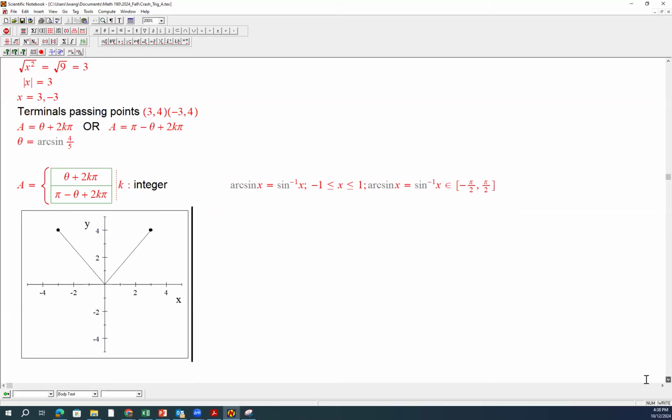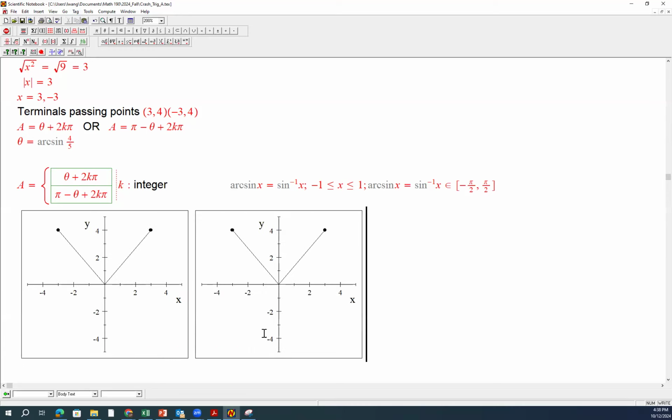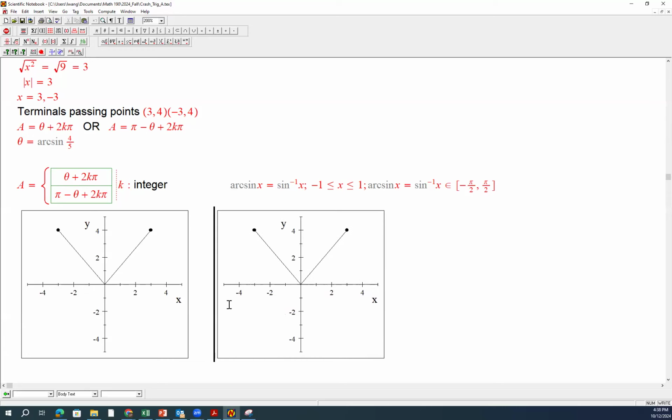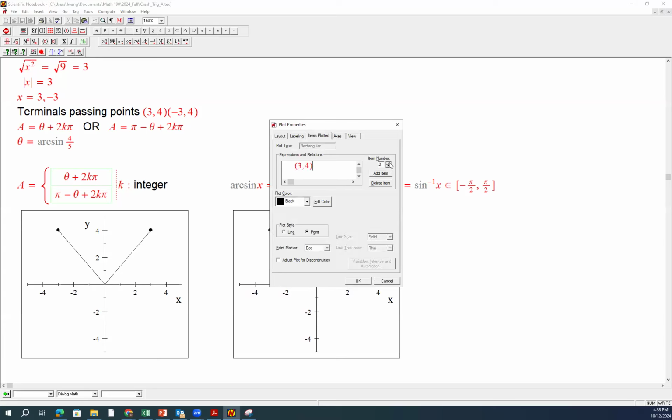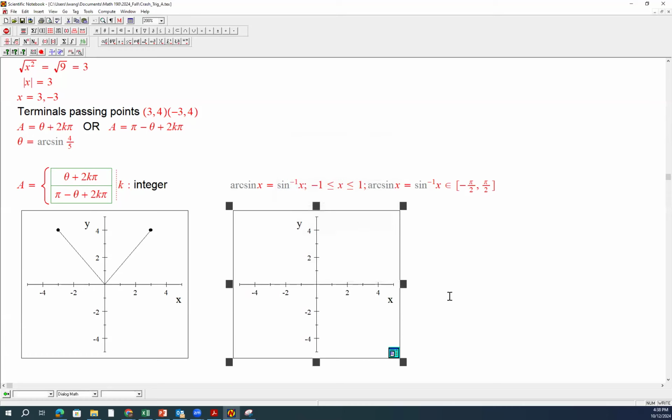So I'm going to borrow this picture and do some trimming. I'm going to delete a bunch of things. I just needed this picture, right?